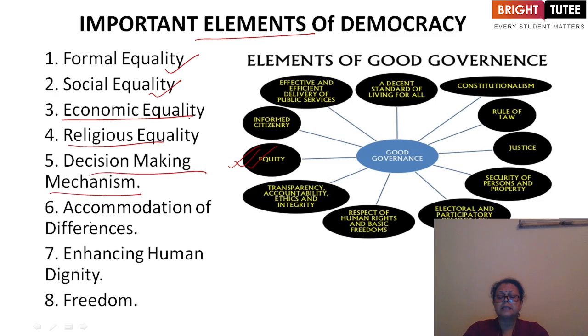Then it is the decision-making mechanism. The decision-making mechanism in a democracy involves physically carrying out a vote by citizens to ascertain who gains a majority, and thus decisions can be made. So the decision-making process is about what? The right to vote.